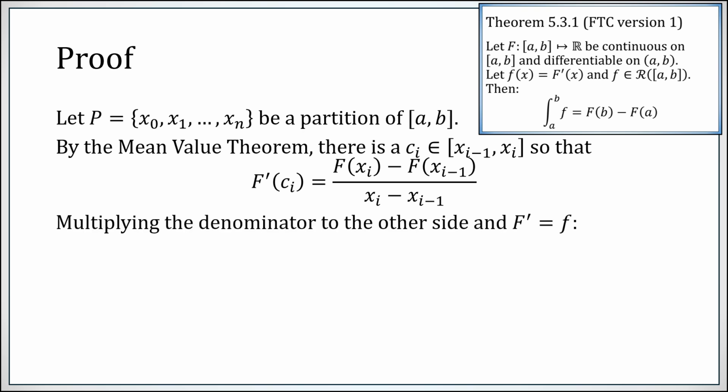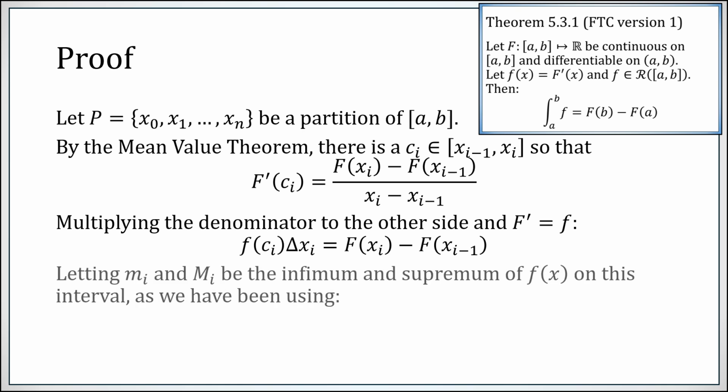So now if we multiply that denominator to the other side, and remember that capital F prime is assumed to be little f, we get that little f at some interior point, ci, times delta xi is capital F of xi minus capital F of xi minus 1.